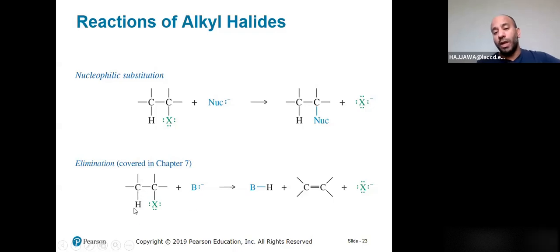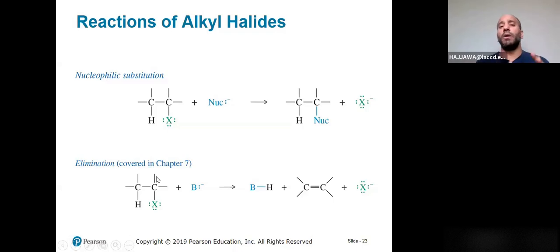Once it deprotonates that hydrogen, that C-H bond will go back and make the alkene, and that will kick off the X. So you end up doing three things at the same time. The base picks up the hydrogen, the C-H bond goes back and makes a double bond, and the third thing that happens is the C-X bond is broken apart to give you X minus. So you end up making an alkene compound out of those eliminations of alkyl halides. And once again, this will be covered in chapter 7.